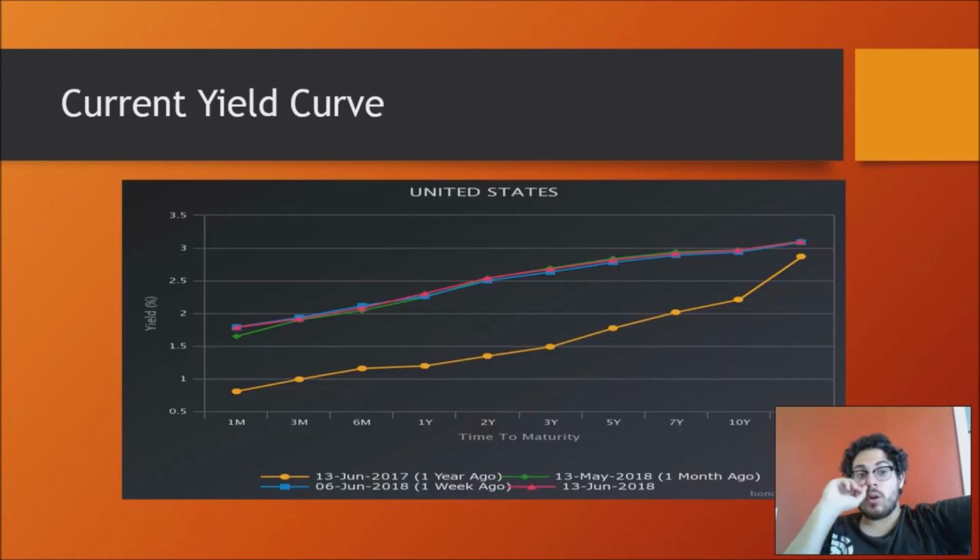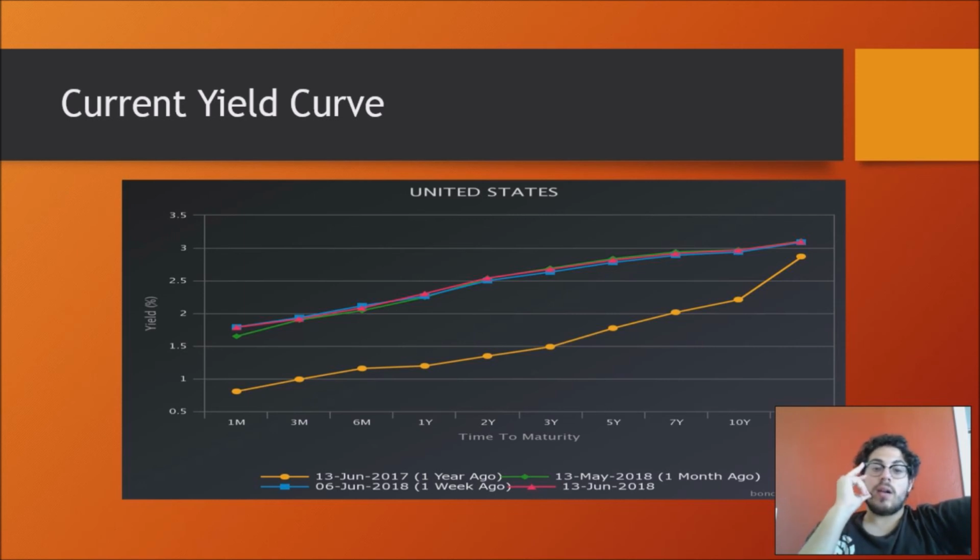So this is the current yield curve. This is the yield curve as of today. The yellow one at the bottom was last year today, 13 June 2007. As you can see, the one from last year was pretty much sloped up, meaning that the yield on the long-term bonds was higher than on the short-term bonds, so 1 month, 3 months, and so on.